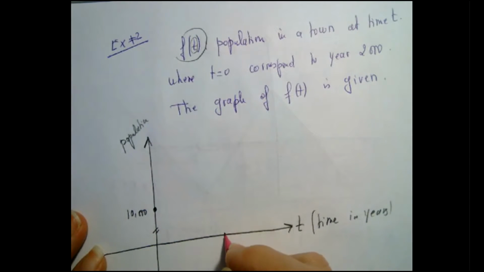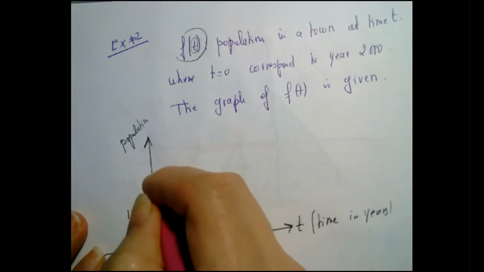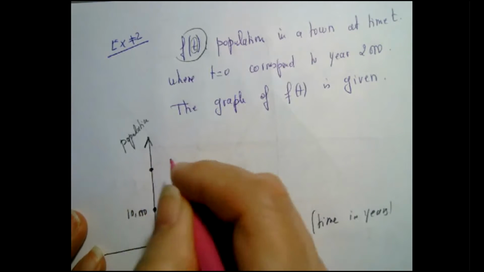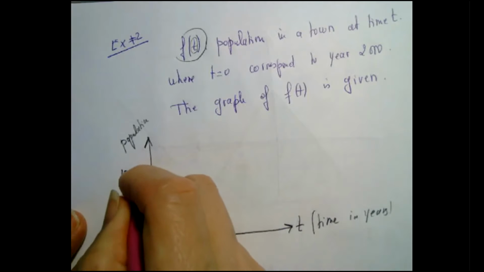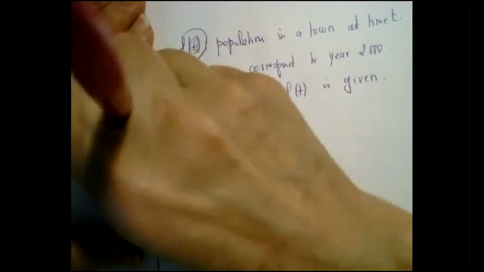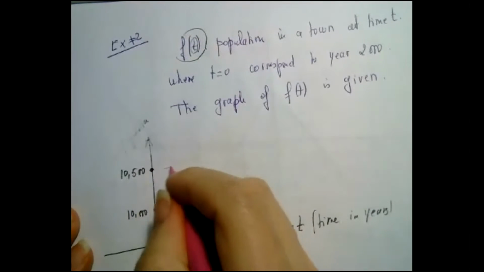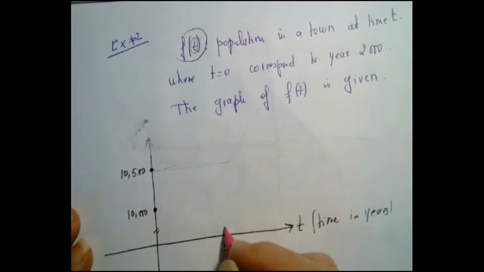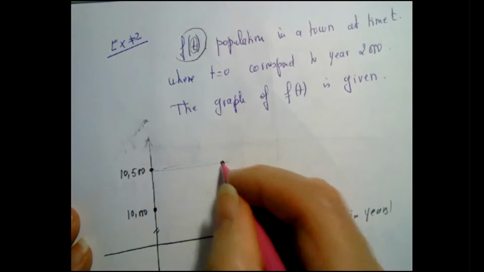And then, for example, 10,500. I'm putting the numbers so you can see exactly. This is right here, after 5 years, that's the number I want.